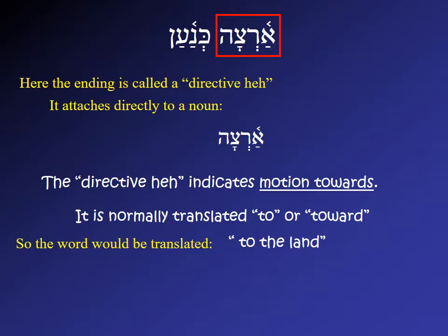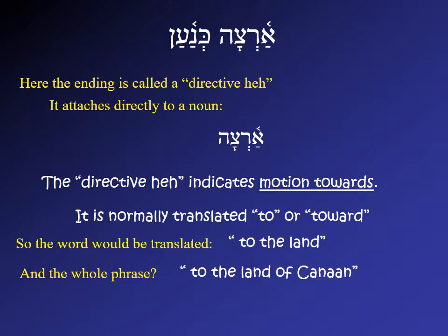Now artza by itself really means to a land, but in this case artza Kna'an is a construct chain. Since the absolute Kna'an is definite, it makes the whole construct chain definite. So it means to the land of Canaan. Artza, to a land, artza Kna'an, to the land of Canaan.